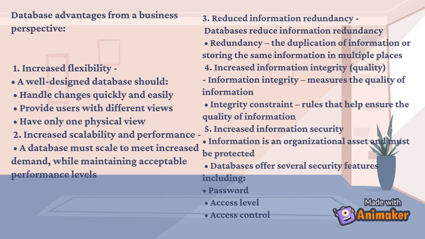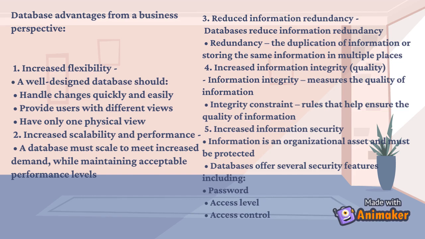A database must scale to meet increased demand while maintaining acceptable performance levels. Scalability refers to how well a system can adapt to increased demands, and performance measures how quickly a system performs a certain process or transaction.